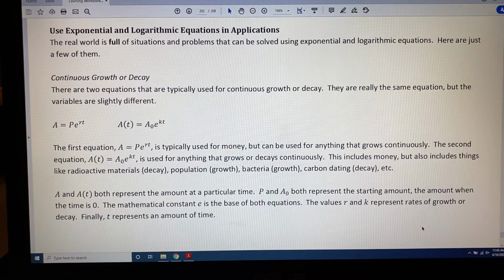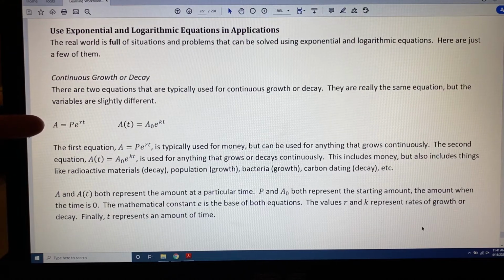Continuous growth or decay. There are two equations that are typically used for continuous growth or decay. They are really the same equation, but the variables are slightly different. The first is A equals Pe to the rt. Sometimes you will see that as F equals Pe to the rt, but they're the same equation.